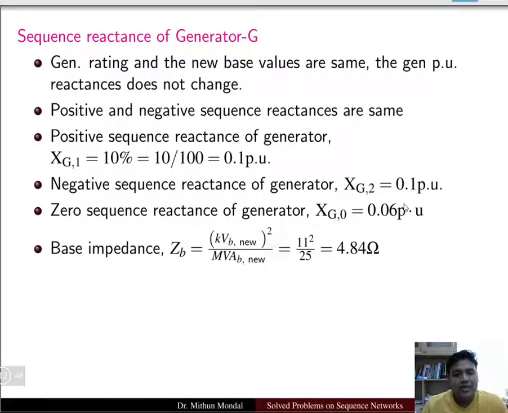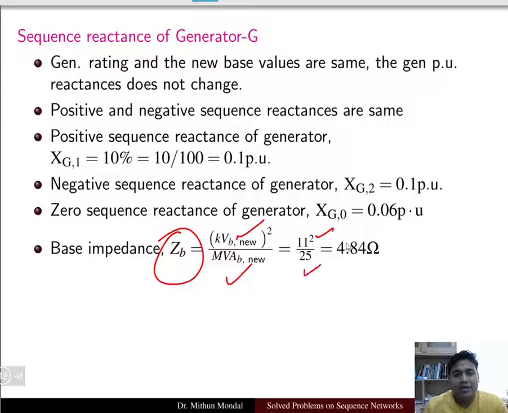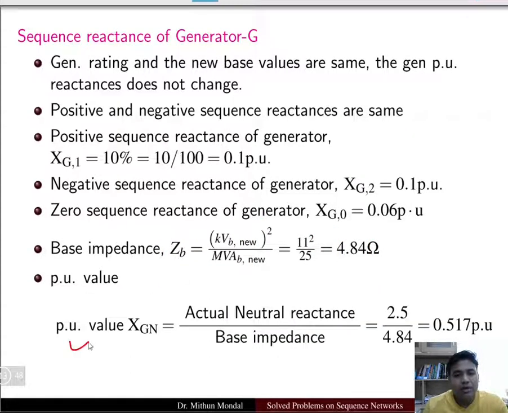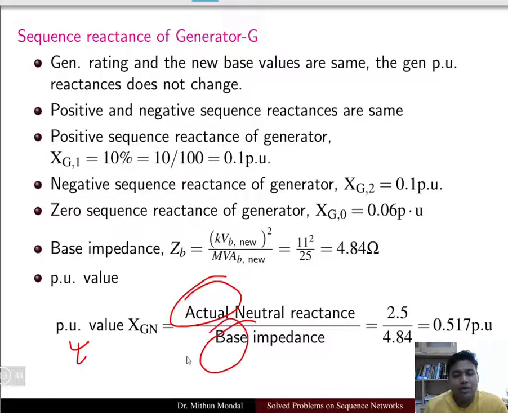Then there is a neutral reactance whose per unit value has to be calculated. For that we require the base impedance of the network, which depends upon the voltage and the power base. So 11 kV squared divided by 25 MVA gives 4.84 ohms as the base impedance. Then the per unit value of the neutral reactance will be actual value divided by base value. Make a special note here.